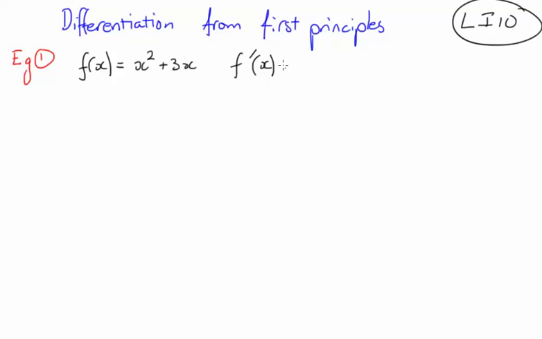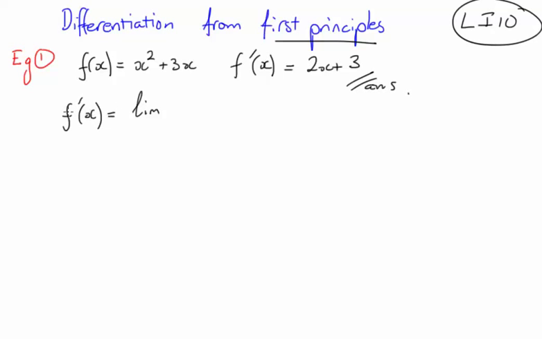So I'm going to write the derivative anyway, just so we know that we're going to get the right answer. But pretend we didn't know that we could just find the derivative like that. How would we find it? Well, we'll do it from first principles. And the formula is, you will need to know this formula. This is an incredibly important formula.